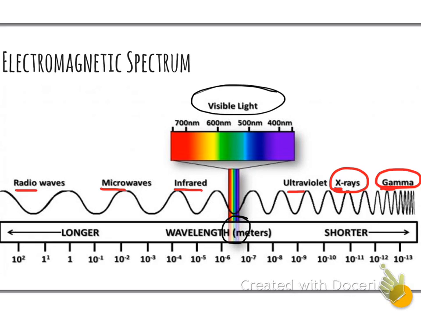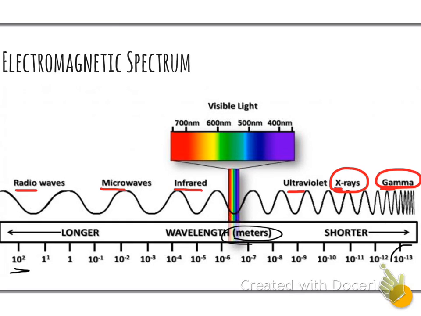But what you can see here is this spectrum goes by the wavelength. So we have those with longer waves down here, this is in meters. One radio wave is 1 times 10 to the second meters.